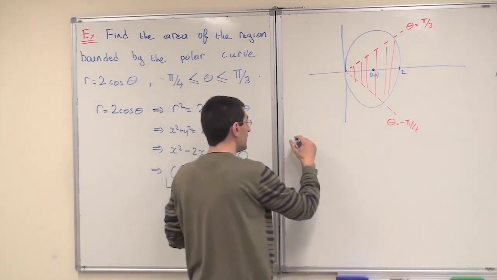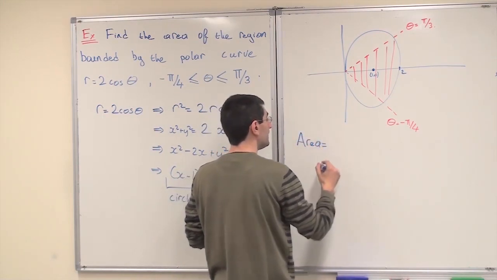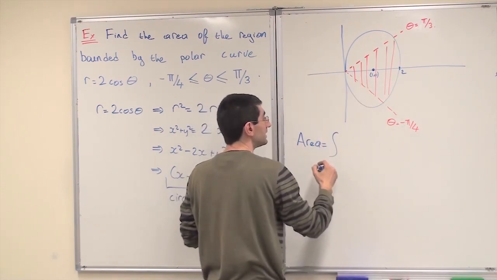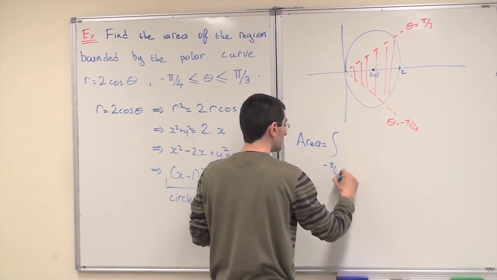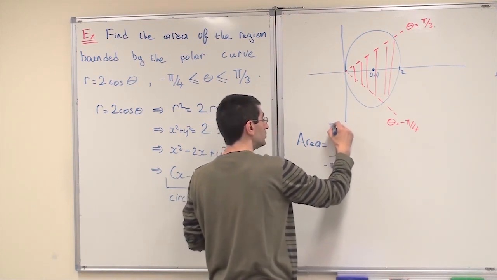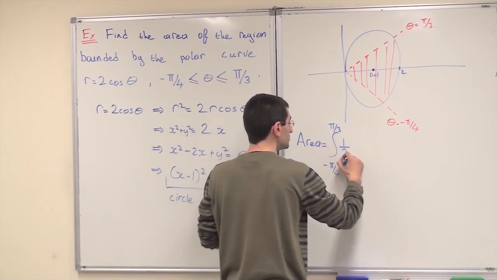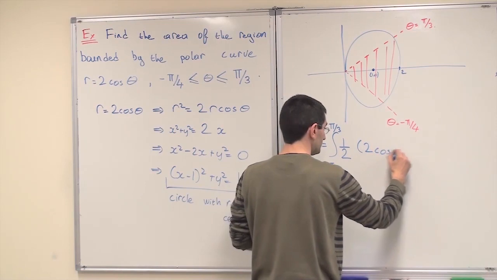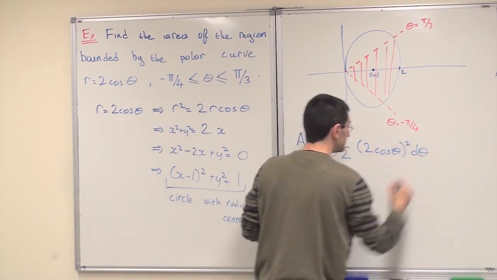Now, our area formula says that the area of this region is equal to the integral from negative pi over 4 to pi over 3 of 1 over 2 r squared, which is 2 cosine theta squared, d theta.